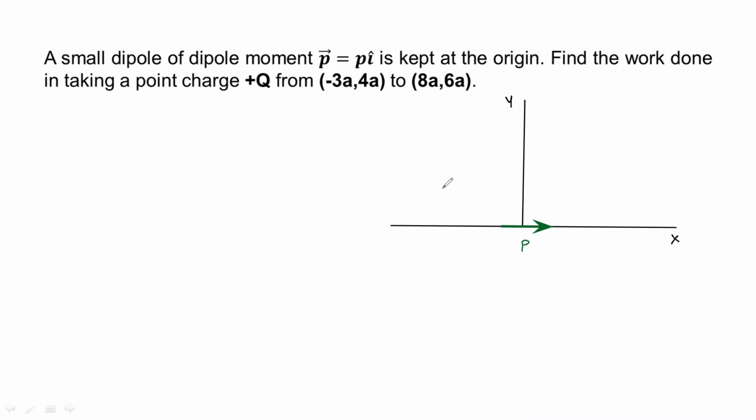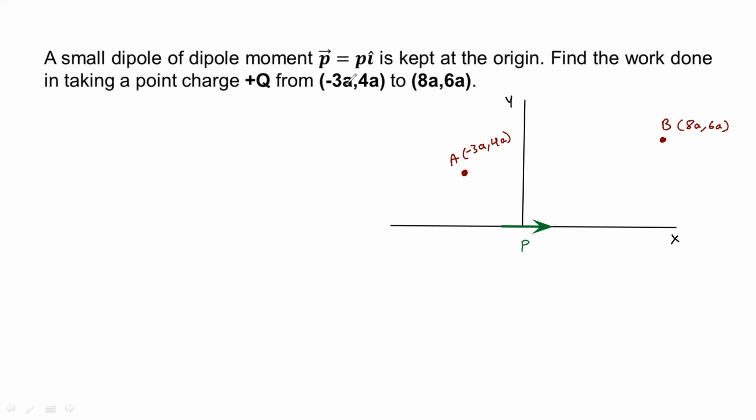Minus 3a comma 4a is in the second quadrant, somewhere here, to 8a comma 6a. It's somewhere here, right? So you're supposed to take this charge from, let's say, point A to point B. Point A is minus 3a comma 4a and point B is 8a comma 6a.